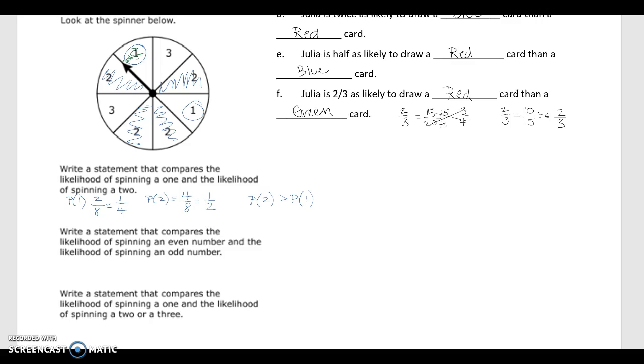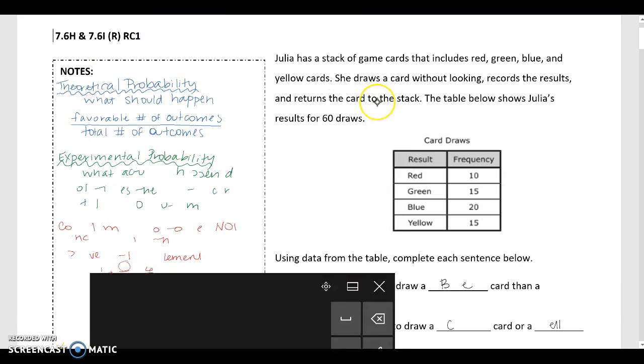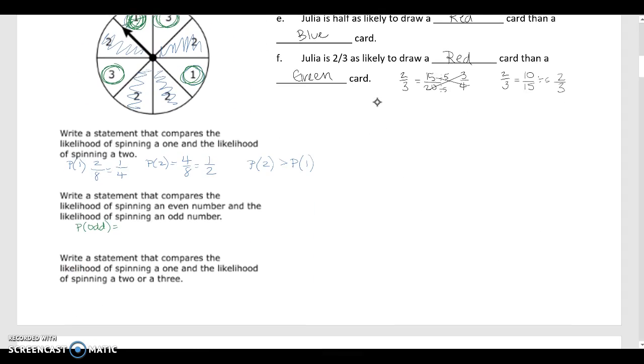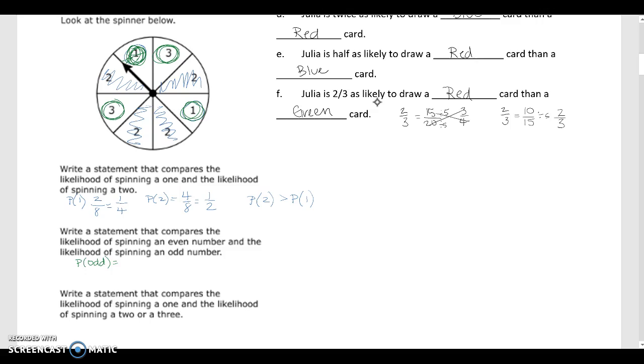So an even versus an odd. So I'm circling odds. 1, 3, 1, 3. Okay, so the probability of an odd is 1, 2, 3, 4, is 4 out of 8, right?